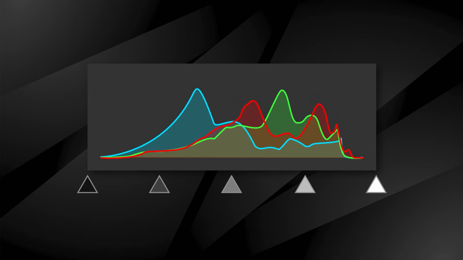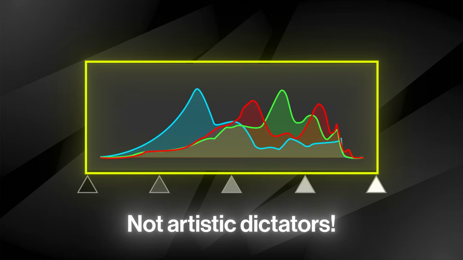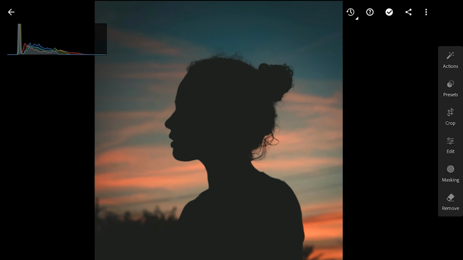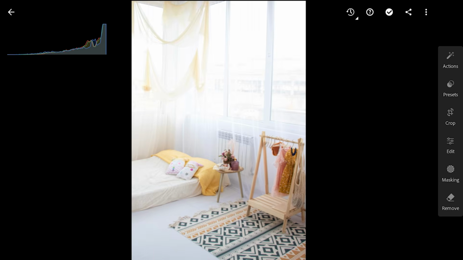Remember, the RGB histograms are technical guides, not artistic dictators. Your creative vision is paramount. For instance, if you're creating a silhouette, you want large portions of your subject to be pure black across all three channels. So the histograms will be heavily skewed left, and that's perfect for the style. Similarly, for a bright, high-key image, all three channels will naturally be pushed to the right.